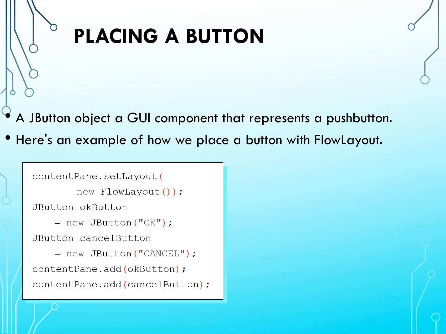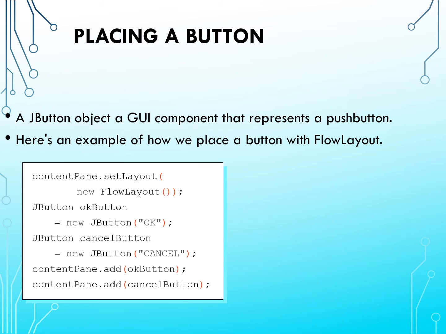Let's say you have a button. This is how you manually code it: JButton, and this is the name of a variable for the button, and then you say equals new JButton("OK"), meaning that this is a button with the word OK on it. And then you create another button which is called cancelButton. The type is JButton, and you put "Cancel" inside it, so you will be having two buttons.